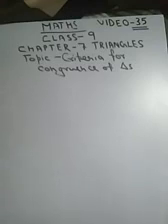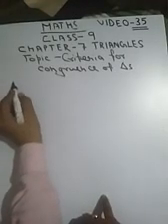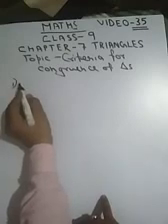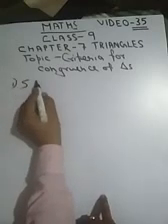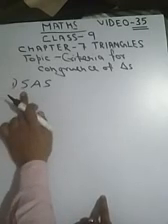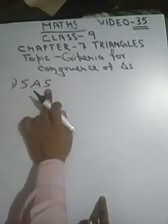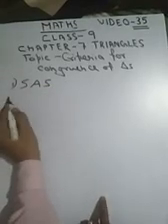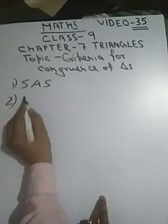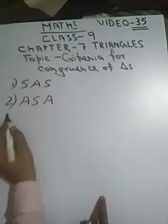There are 5 criteria for congruency of triangles, or we can say there are 5 ways to prove two triangles to be congruent. What are the 5 ways? First is SAS, where S means side, A stands for angle, and this side. Second one is ASA.